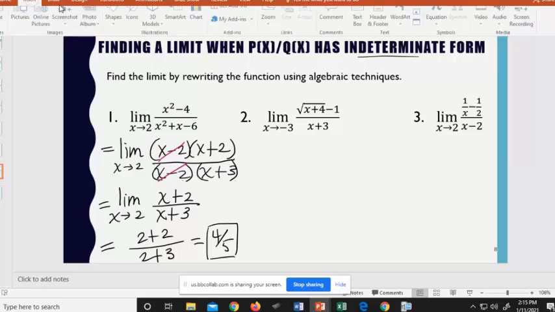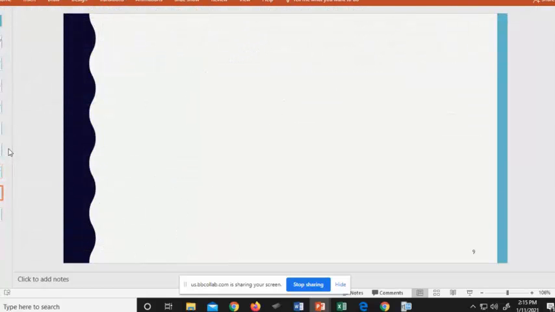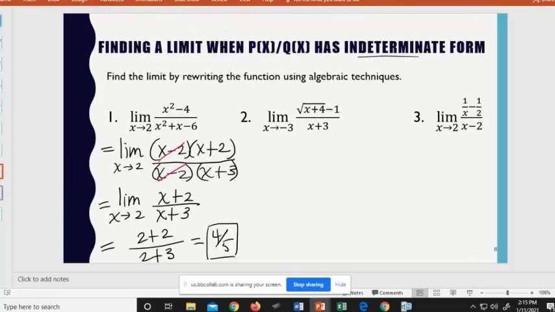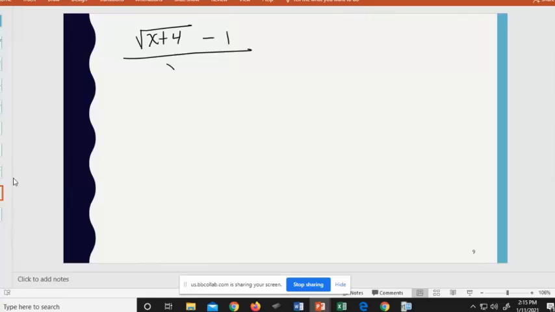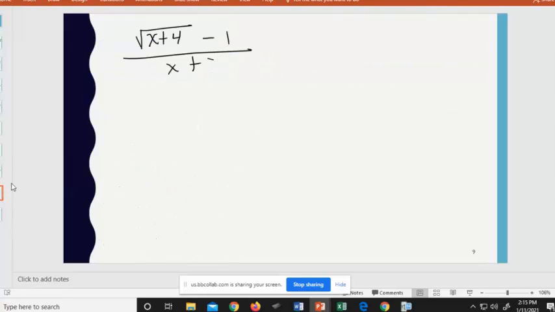So I'm going to use a piece of scratch paper, and all I'm going to do for a second is just work with this: the square root of x plus 4 minus 1 over x plus 3. Okay, so here's my work on the side. I'm just going to do some scratch work.